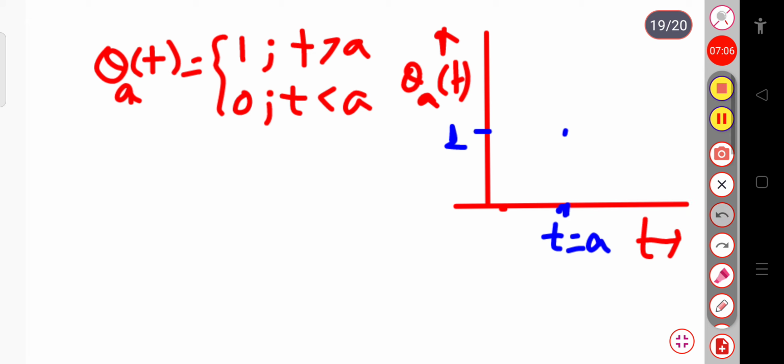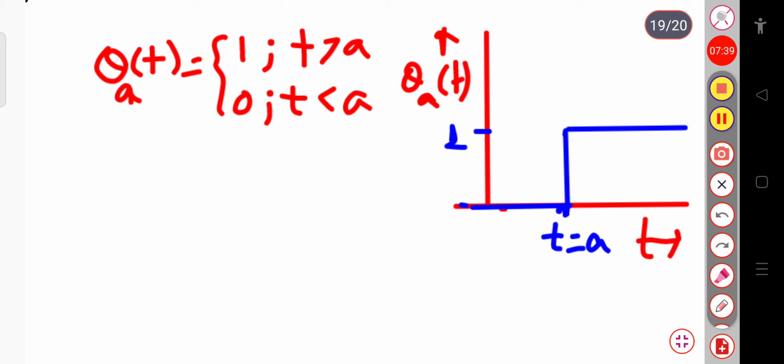So I can represent this as a straight line parallel to this time axis. And when this t value will be less than a, then this value will be always 0. So the graph will look like this. Theta a of t equal to 1 when t will be greater than a, and its value will be 0 when t value is less than a.